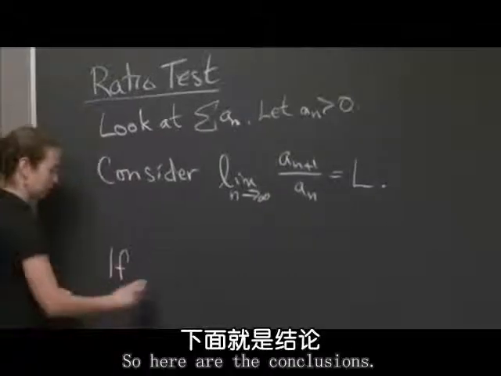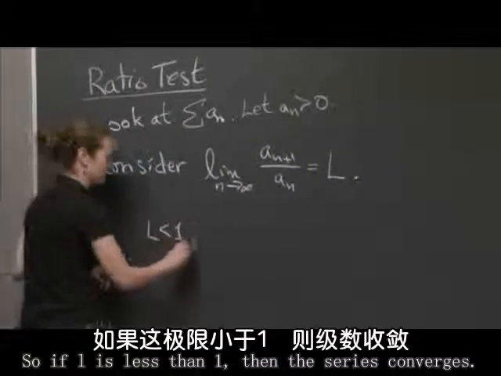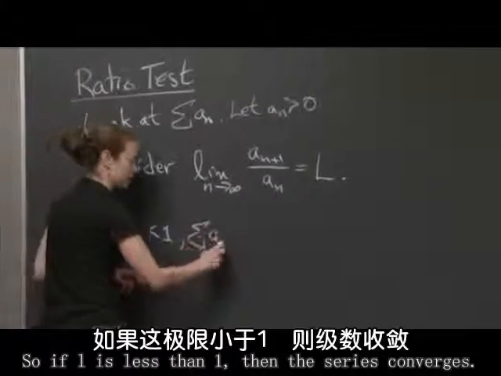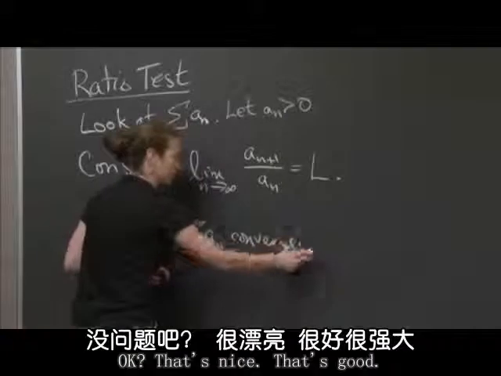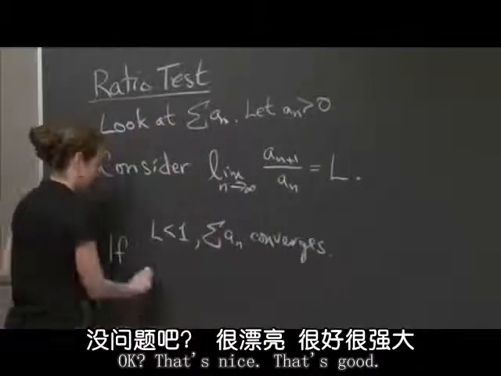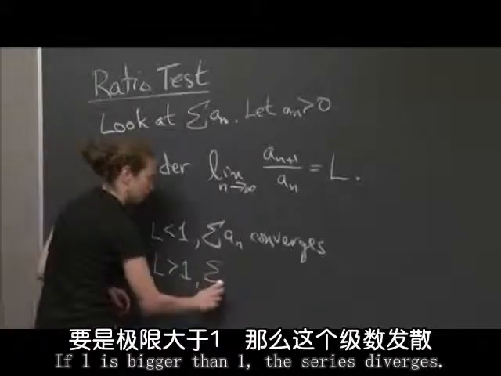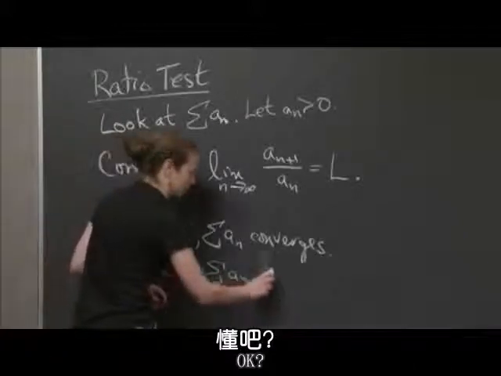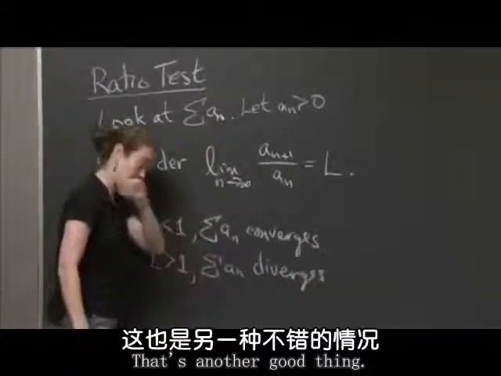There are 3 of them. If L is less than 1, then the series converges. That's nice. If L is bigger than 1, the series diverges. That's another good thing.